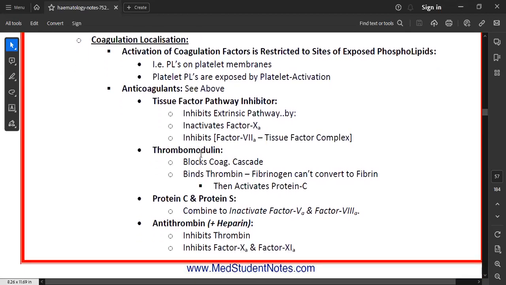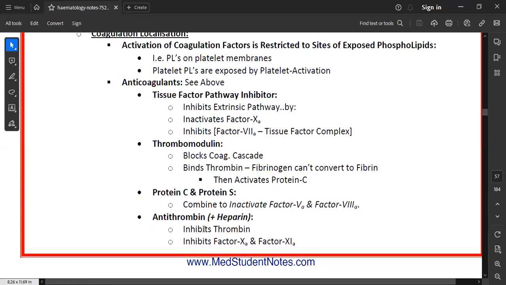Anticoagulants such as tissue factor inhibitor is an anticoagulant that is usually present. It is also important in the regulation of clotting. Thrombomodulin, protein C and S, and antithrombin are also regulators of clotting.